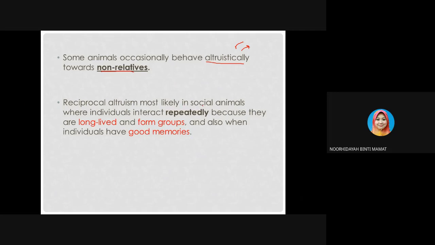It is most likely in social animals where individuals interact repeatedly because they are long-lived and form groups, and also when individuals have good memories. So these are the factors why reciprocal altruism is most likely in social animals.